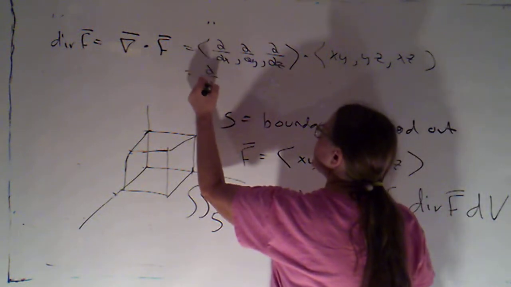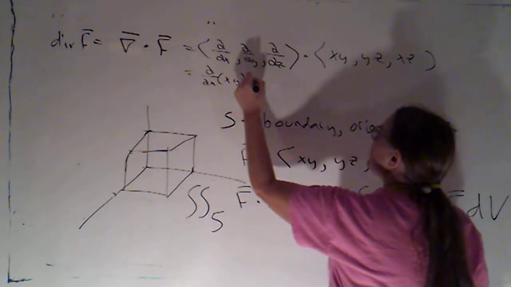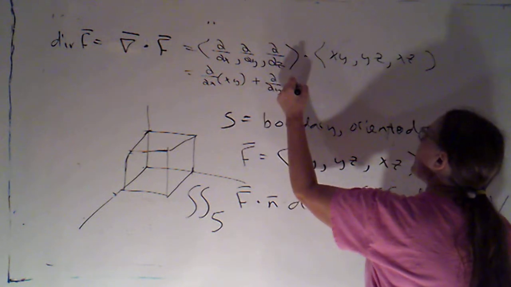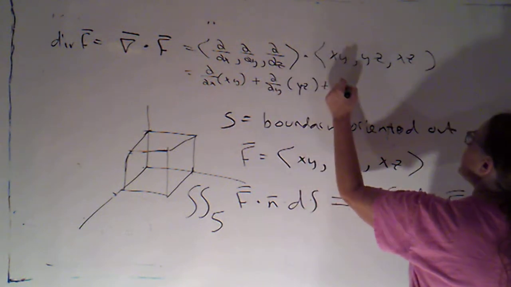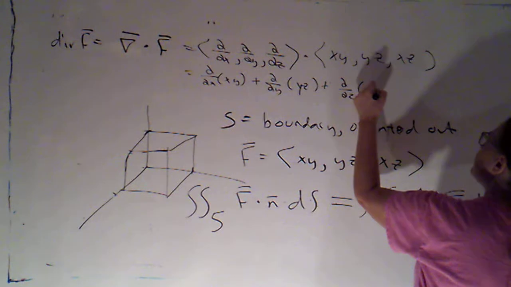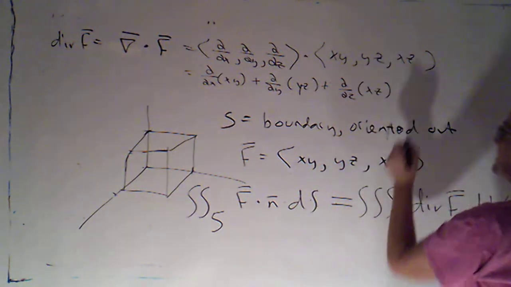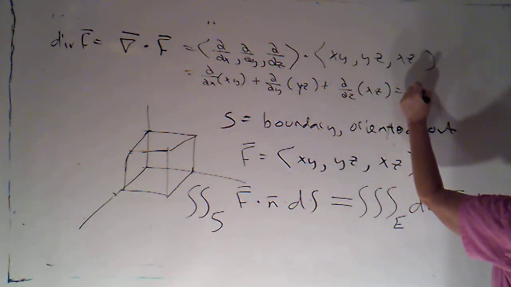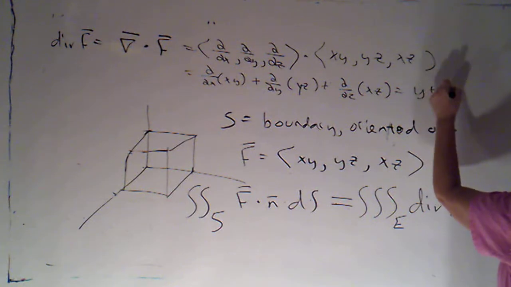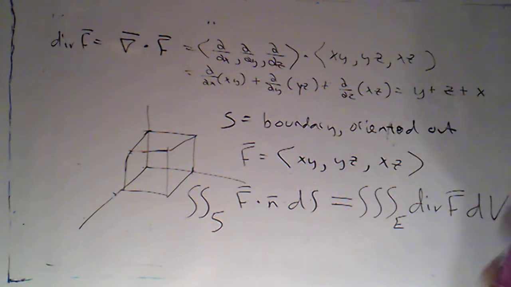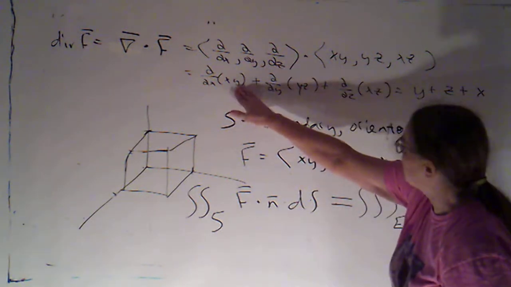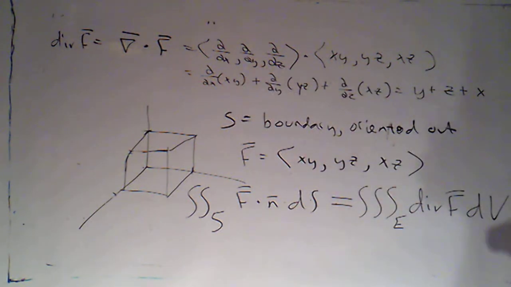So this is the partial with respect to x of xy, plus the partial with respect to y of yz, plus the partial with respect to z of xz. So that's just going to be y plus z plus x. Okay, so that's my divergence.